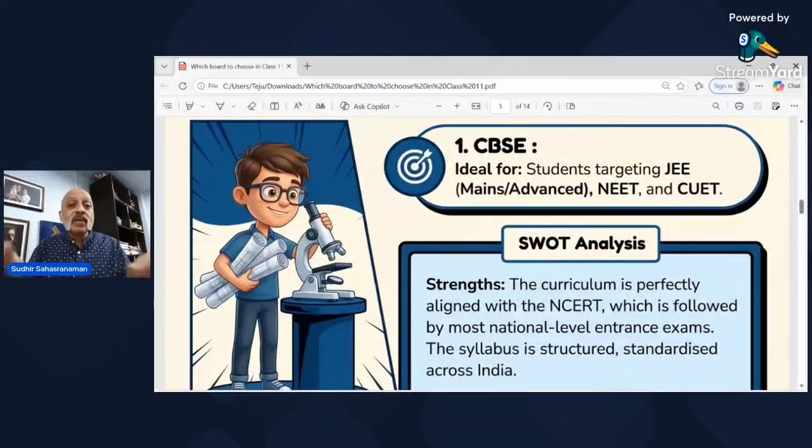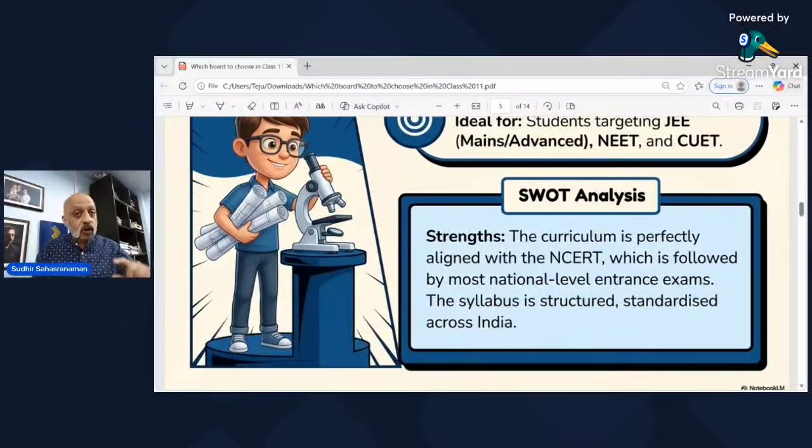All three keep NCERT textbooks as the base. So the curriculum, therefore, is aligned with NCERT, which is followed by these entrance examinations. And because it's an NCERT book, the syllabus is structured the same irrespective of whether you are a resident of Kochi in Kerala or Jalandhar in Punjab or Kolkata in Bengal. It will be the same syllabus.